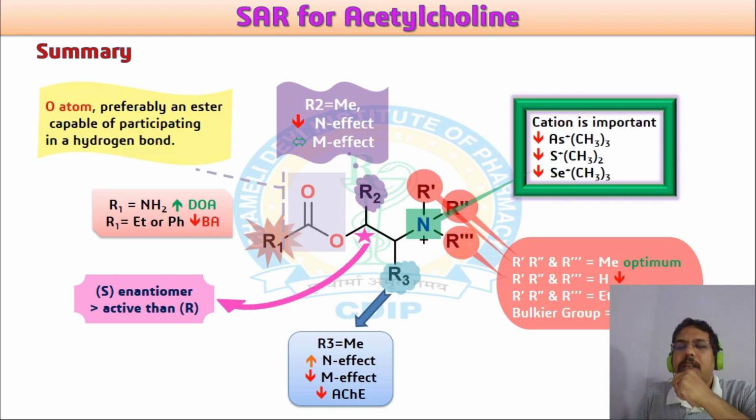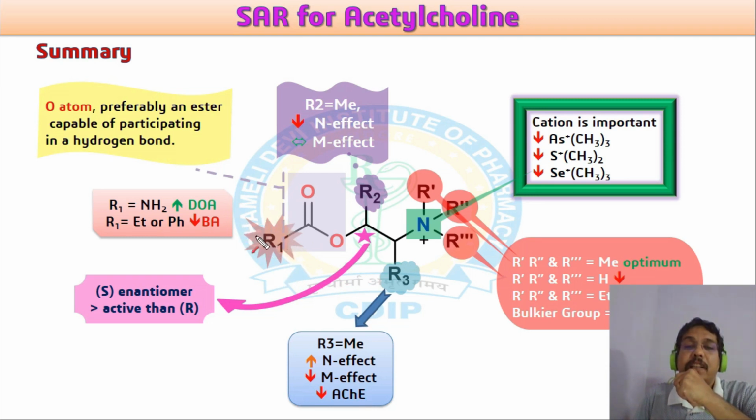Then we come to the SAR summary, what type of modifications affect the activity and how. We already studied this in depth in the previous slides, but in summary we just show some pictorial representations.